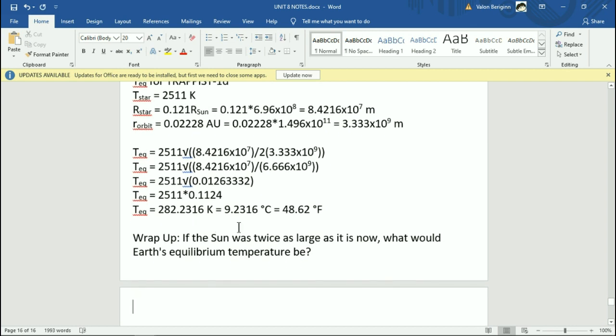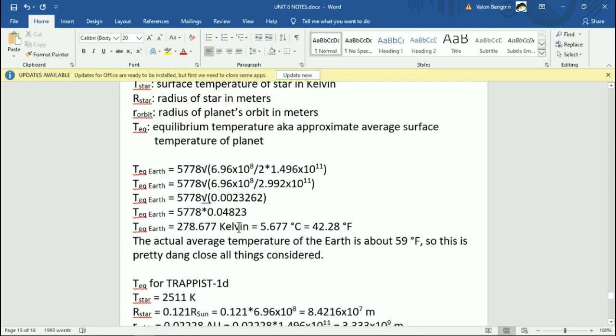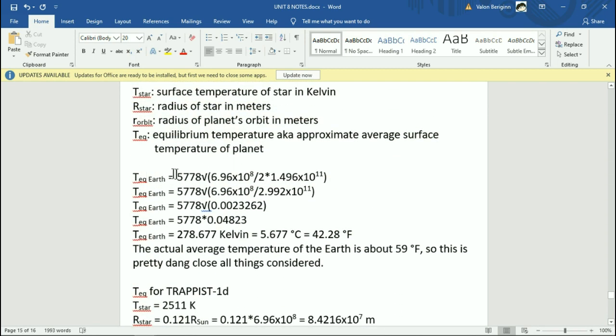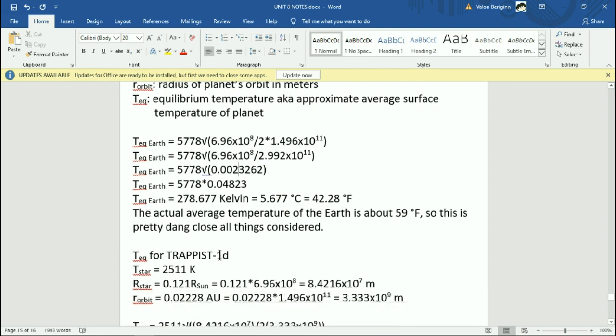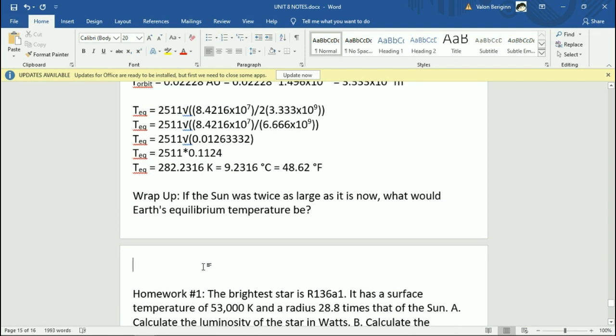All right. So I'm going to show you the shortcut way. The shortcut way is that all of these numbers are going to be the same, except this one is 2 times bigger. So think about what we have here.